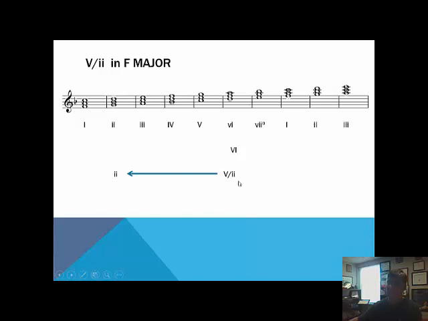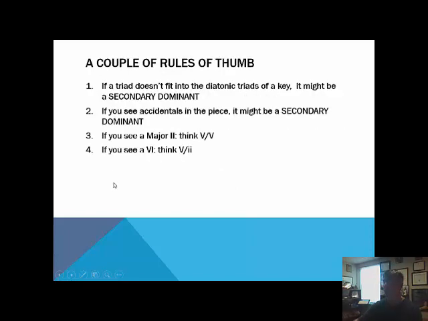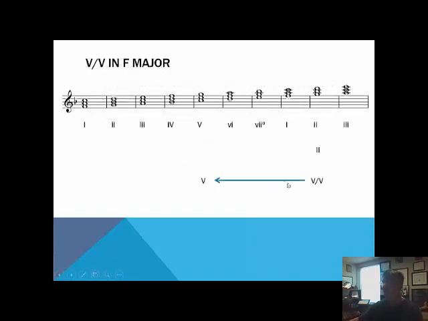And typically, or really as a rule of thumb, the next chord after the secondary dominant is the chord that it's the dominant of. So typically, if we would see a 5 of 2, the very next chord would be a 2 chord. Typically, if we see a 5 of 5, the very next chord that we see is the 5 chord.